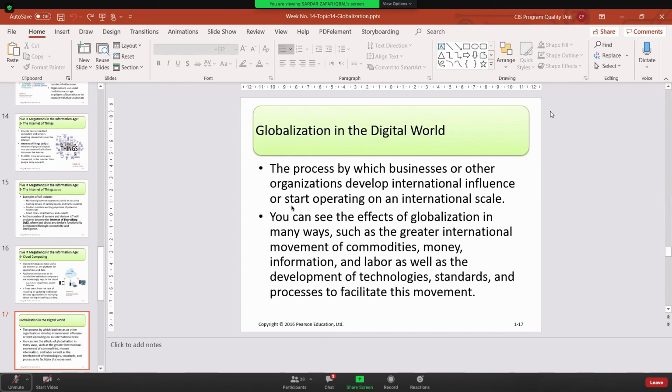But for opening to that scale, you must have some information. You must have a proper plan, like how much money is required. If you're opening a business in the USA, in dollars, how much budget is required, what kind of information is there, what people are available.